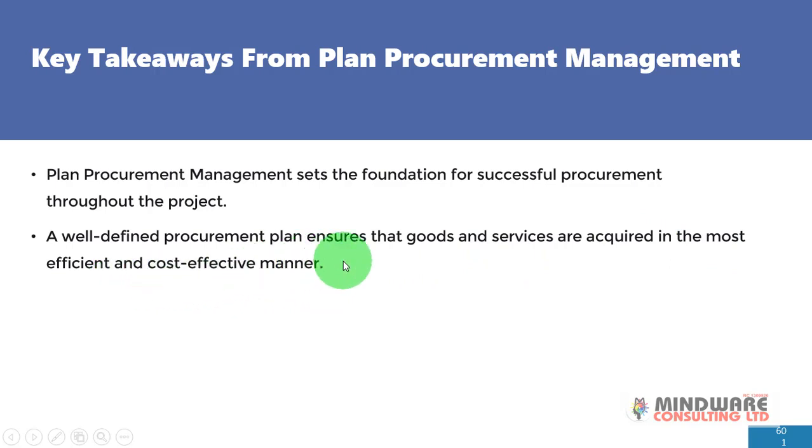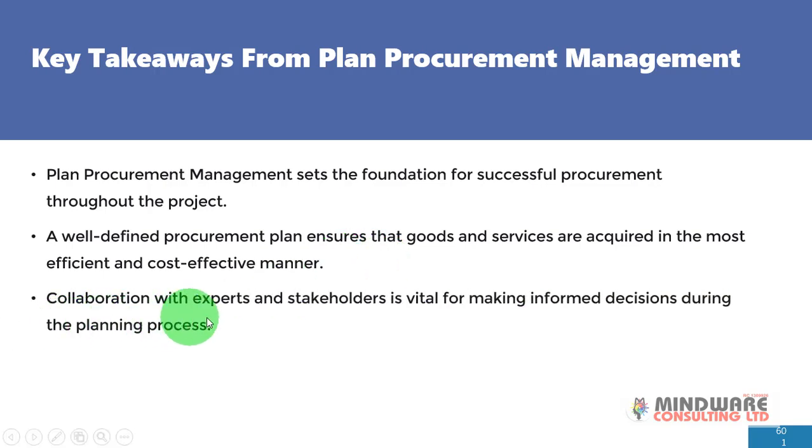You'll be able to avoid wastage and avoid delays. Collaboration with experts and stakeholders is vital for making informed decisions during the planning process. So you're going to have to collaborate with experts and collaborate with stakeholders, and this will help in making informed decisions.